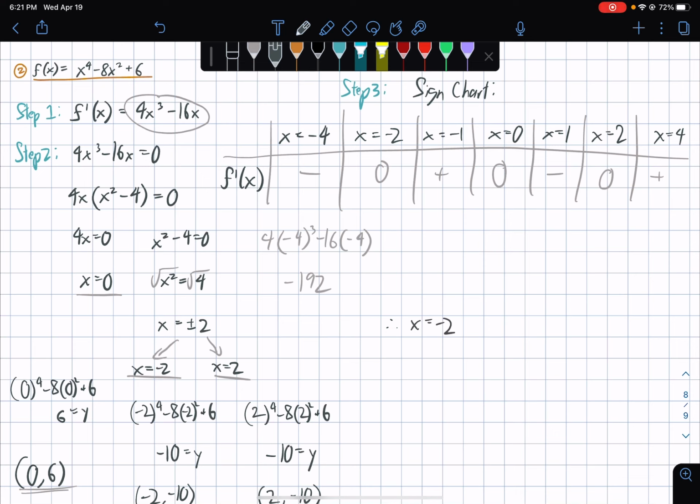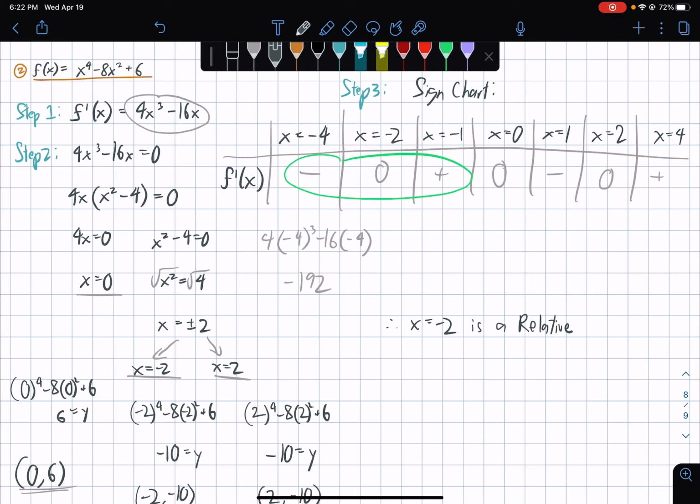x is equal to -2 is a relative what? So from here, negative to positive, we know that this is for x equal to -2 since the test point is in the middle.